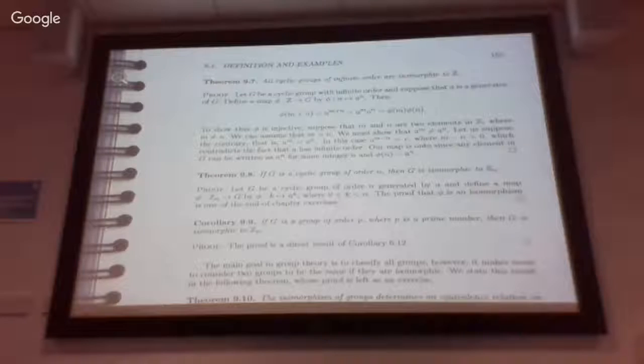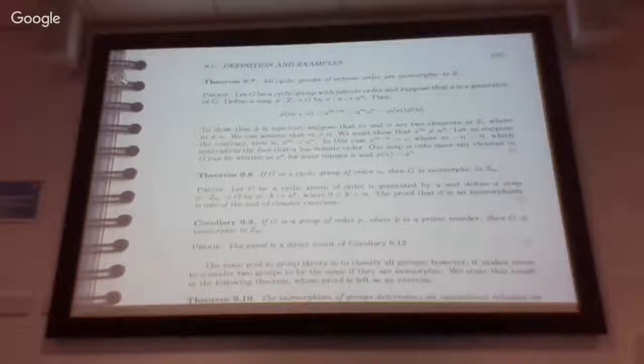They're trying to describe them all and have methods and tools so that if anyone plonks a group in front of you, you'll be able to slot it into your classification. You'd say, I know about this type of group, it belongs in this family, it's got this size, it's got these properties. That's the grand enterprise of abstract group theory.